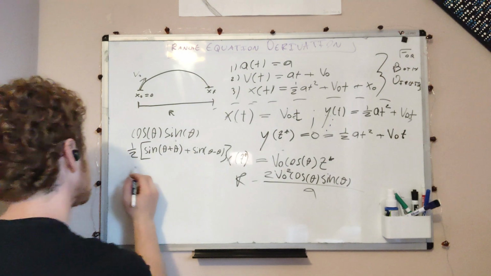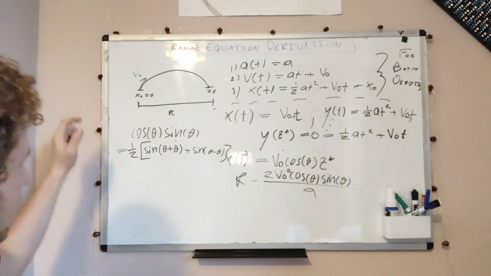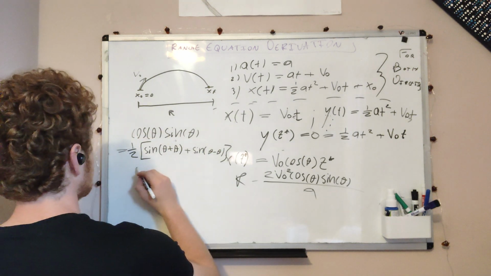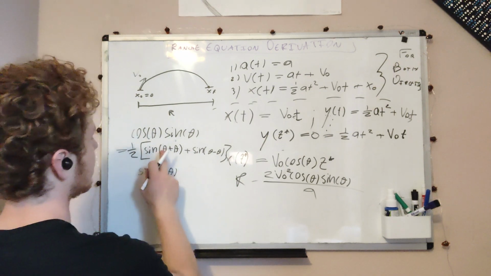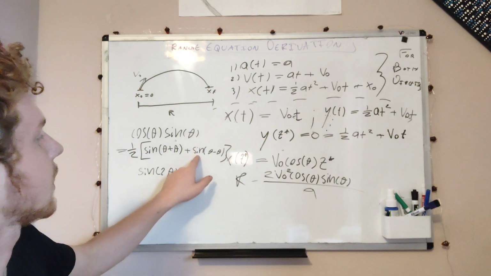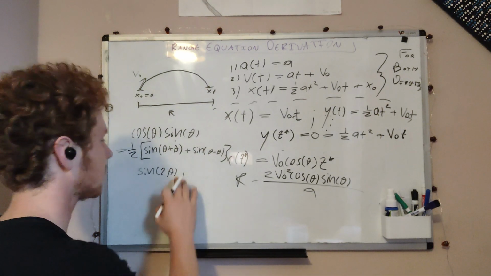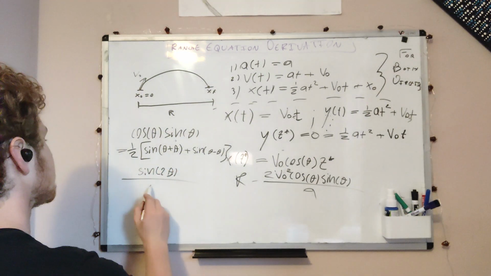And of course, this would cause this expression here to simplify to sine 2 theta from here, and then plus sine of 0, which is 0, so we'd be adding 0 if you wanted to, but that simplifies to this over 2.